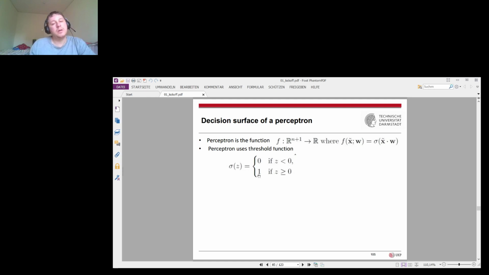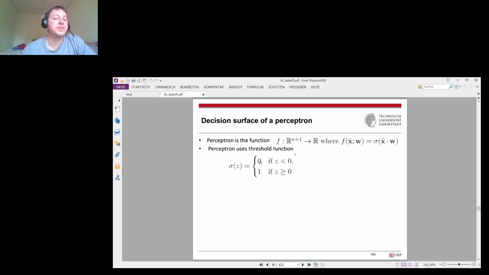And the original perceptron learning algorithm, as defined by McCulloch and Pitts, used that step function, also called threshold function, that takes exactly two values, value 0, value 1.